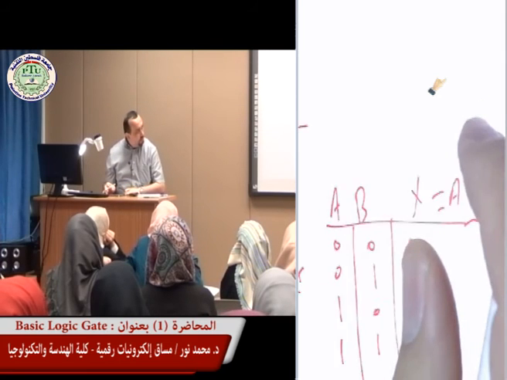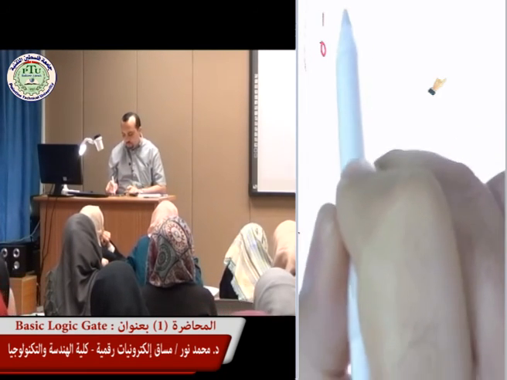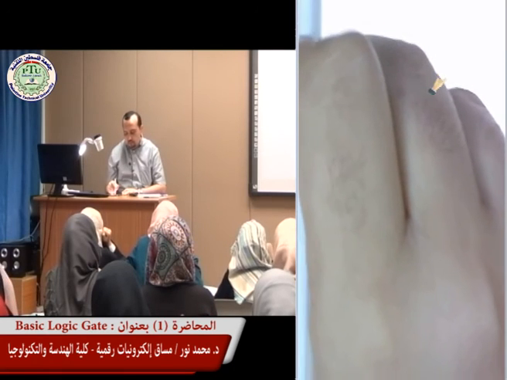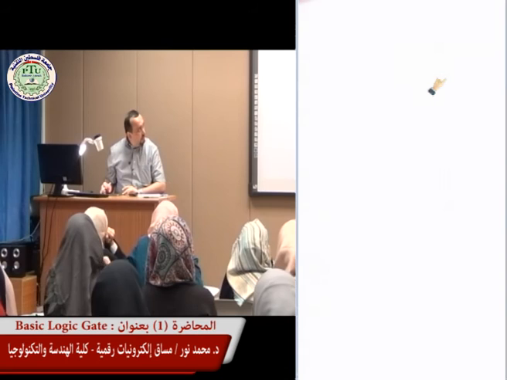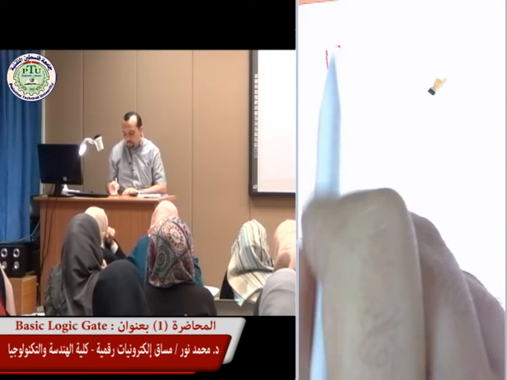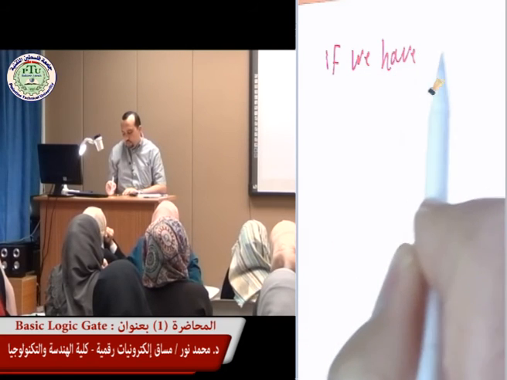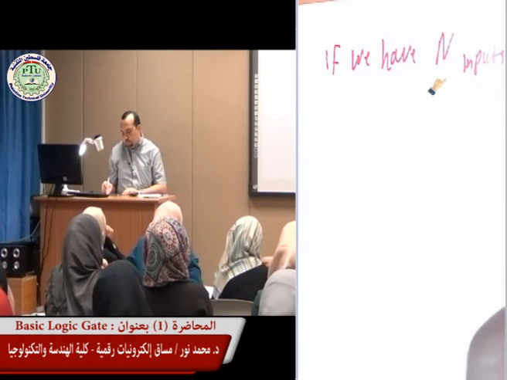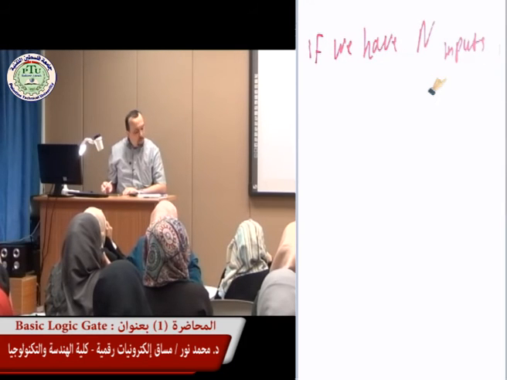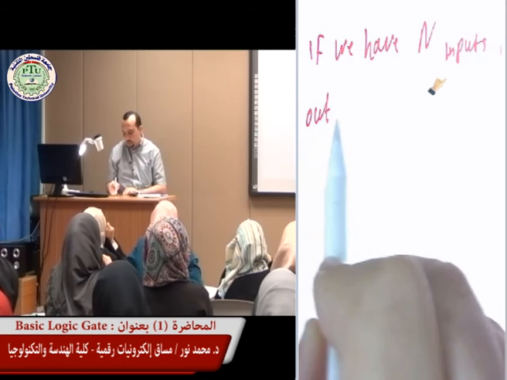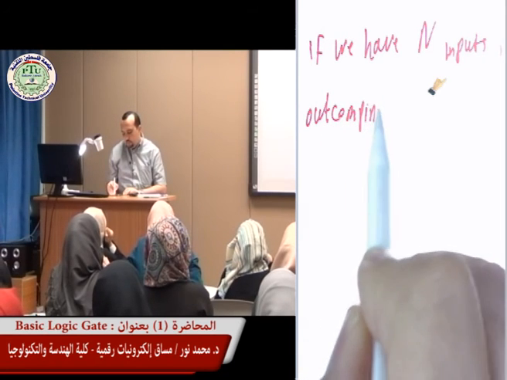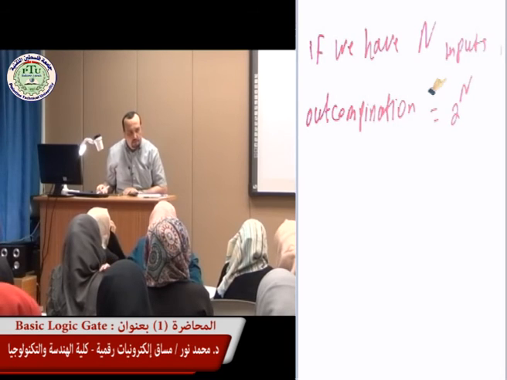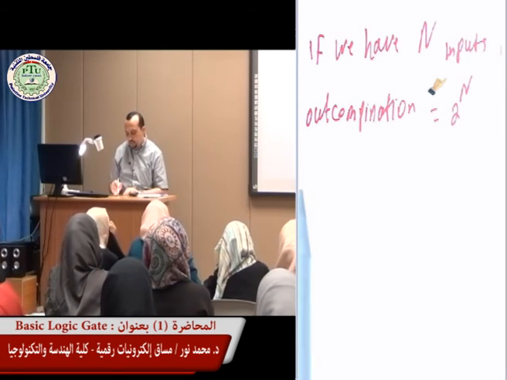So if we have n inputs, the total output combinations equal 2 to the n, right? هذه القاعدة بشكل عام.